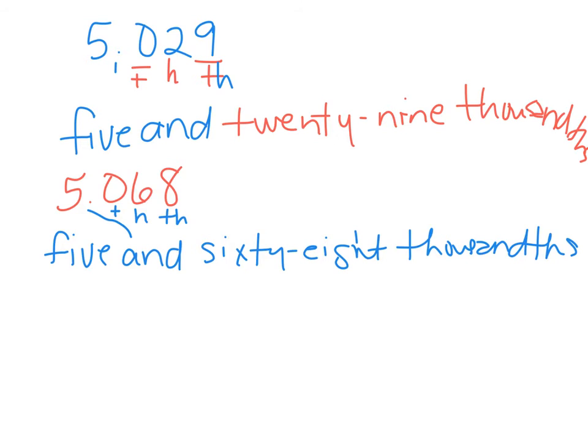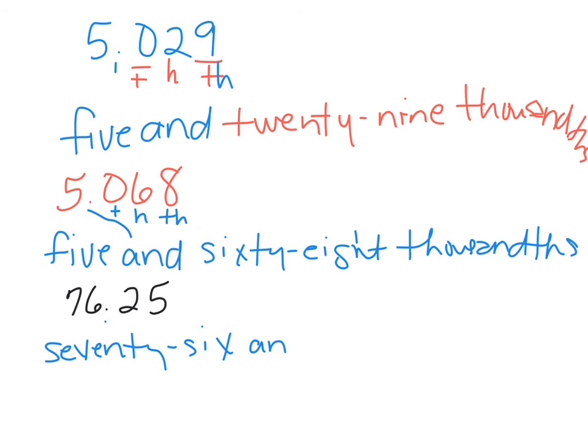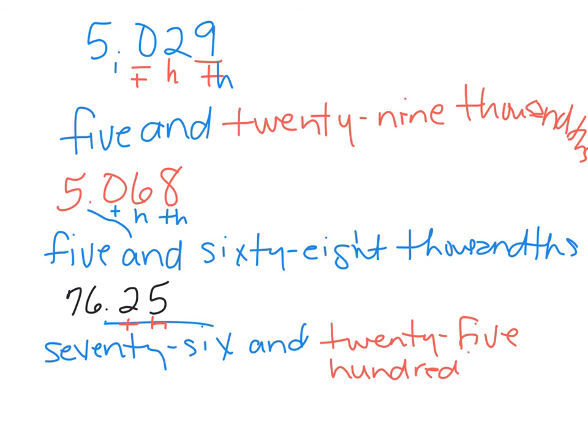Okay. Let's try one more. 76.25. We know that 76 is going to be just what it says. We have a decimal point, so that is and. Now we have to figure out how to say this. We have tenths and hundredths, so this is going to be 25 hundredths.